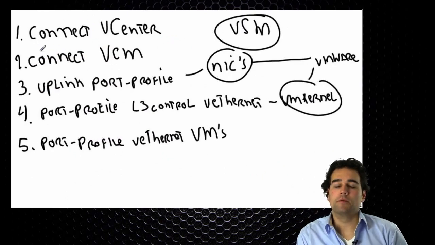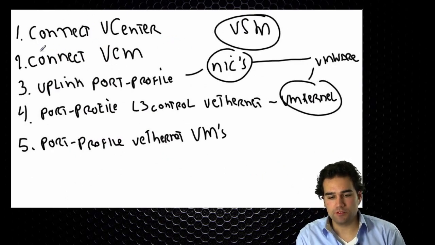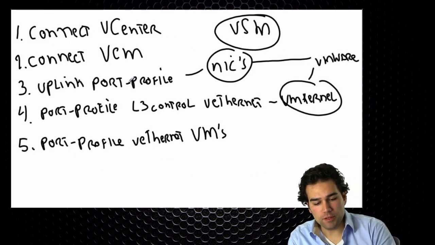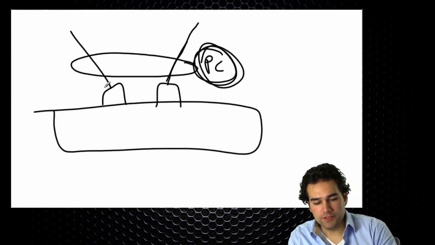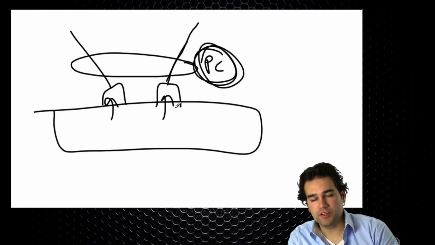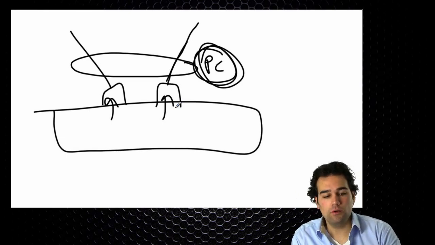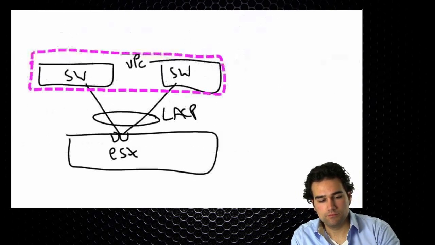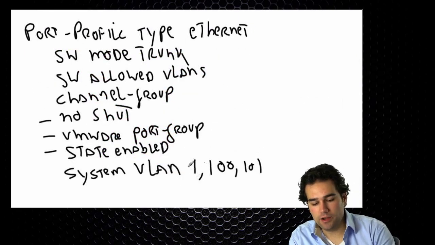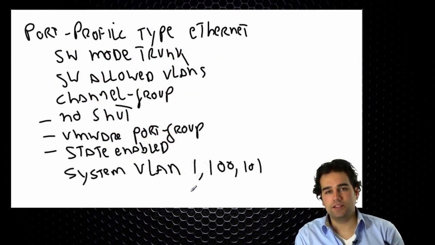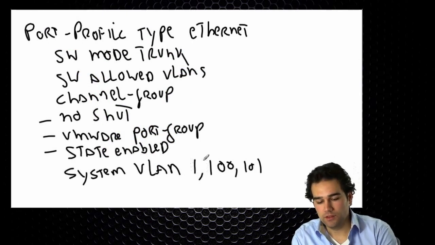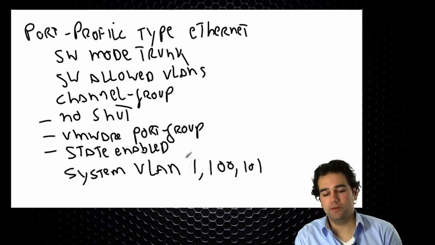If I'm configuring my port profiles here for the Nexus 1000V, on my uplink port profile, I need to say, all right, allow that particular layer 2 VLAN, let's say for layer 3 control traffic or for layer 2 control traffic, allow that traffic here. So in my configuration, I'm going to allow the VLAN in which that layer 3 control packet or that layer 2 control packet is sent. Allow that VLAN here. So system VLAN 1, for example, if my management VLAN is 1.